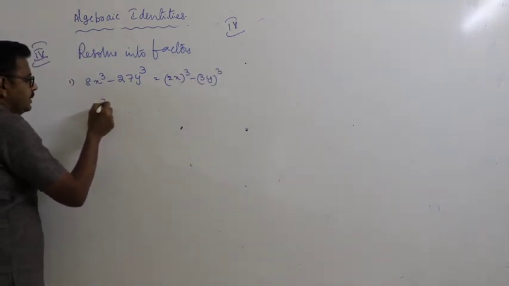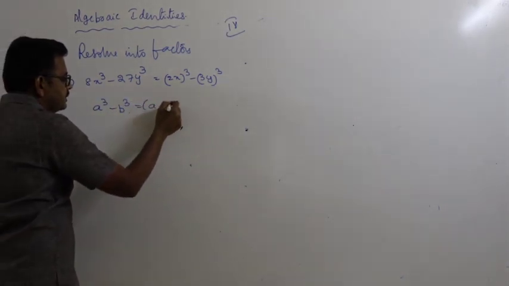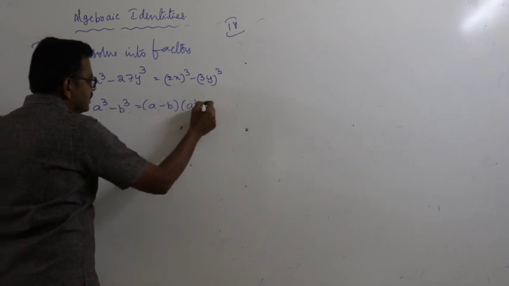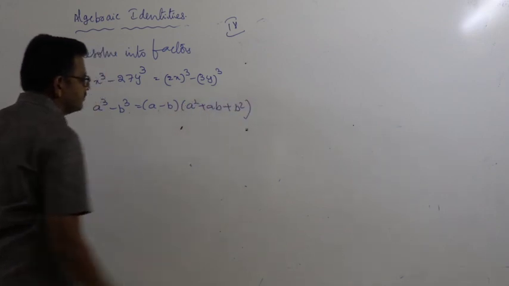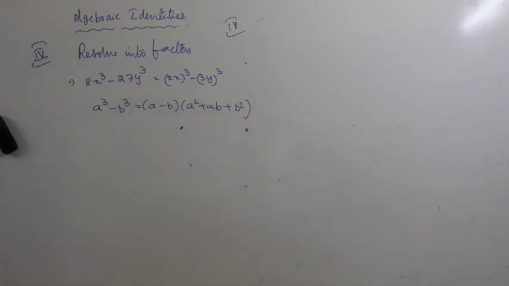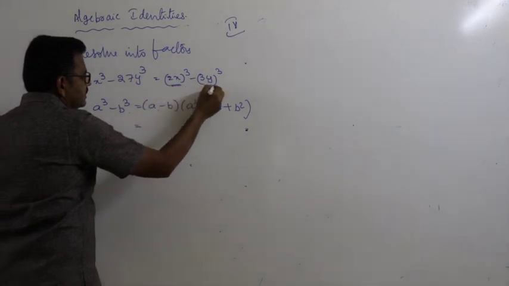Using the formula a cube minus b cube is equal to a minus b into a square plus ab plus b square. So this is a, this is b, and ab.